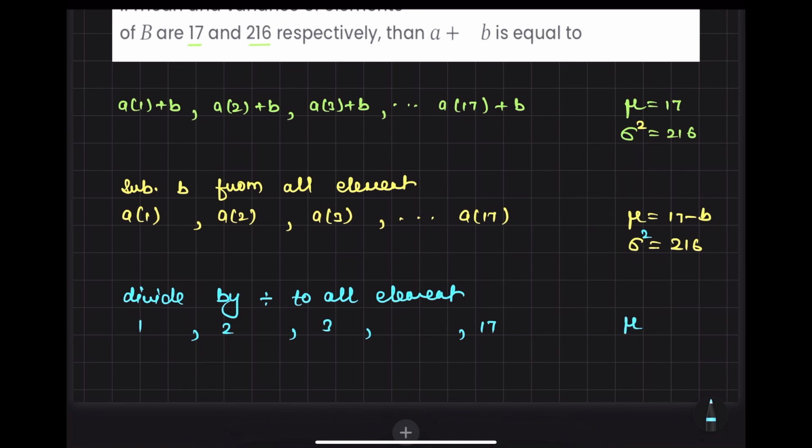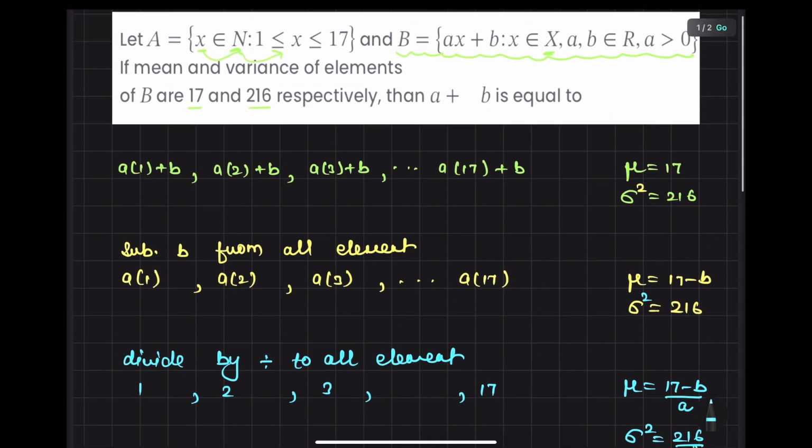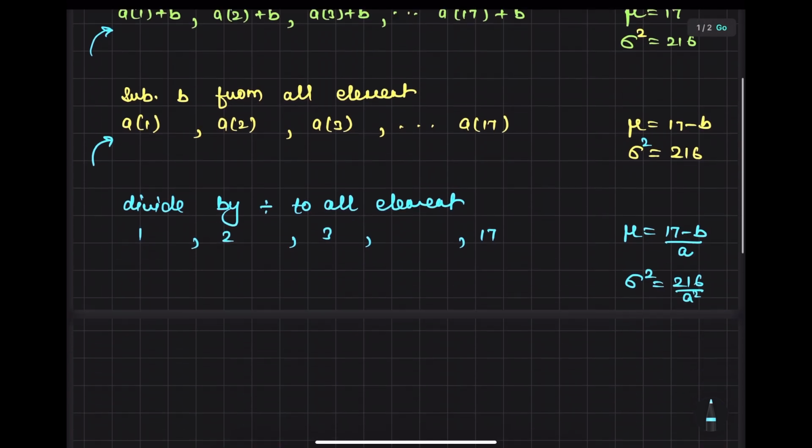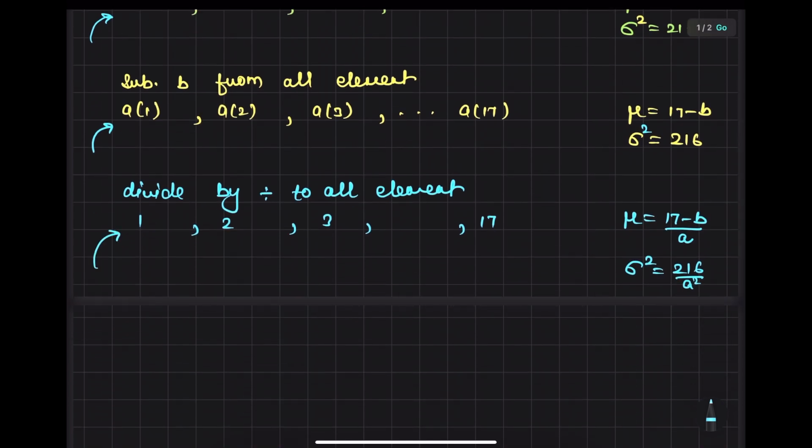So the mean will become 17 minus b divided by a. So this is your mean at this stage. And the variance will be, you have to divide by a square, 216 by a square. I don't know whether you can find the mean or variance over here or not, but 100% I'm sure that you can find the mean and the variance over here.